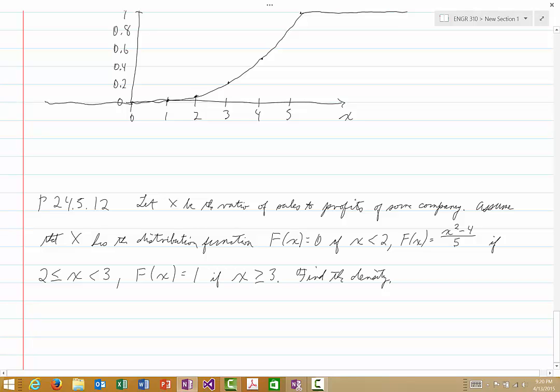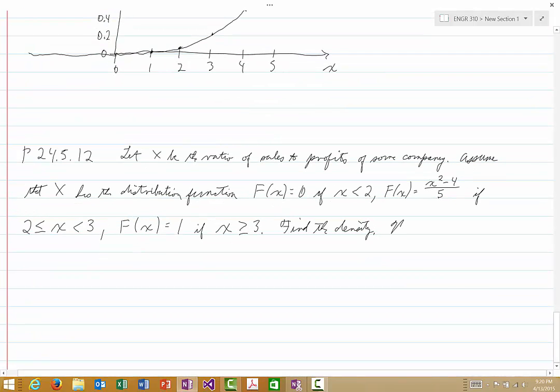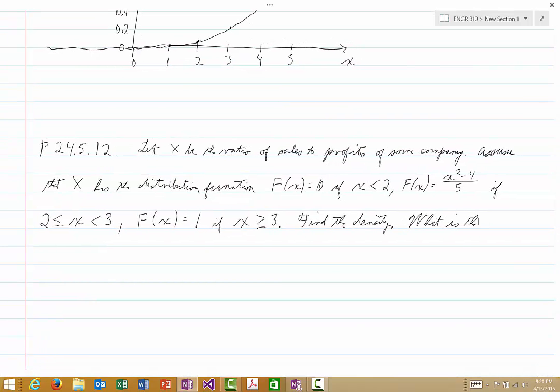and also what is the probability that x is between 2.5 and 5.